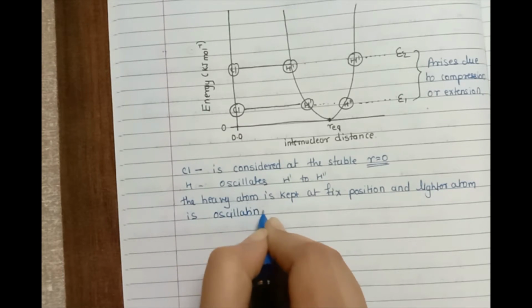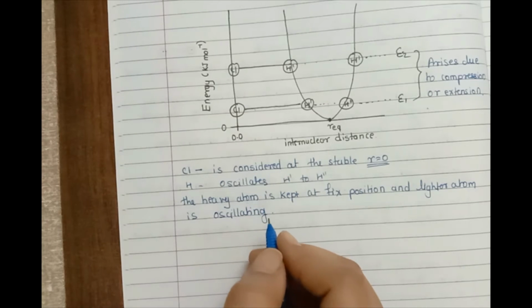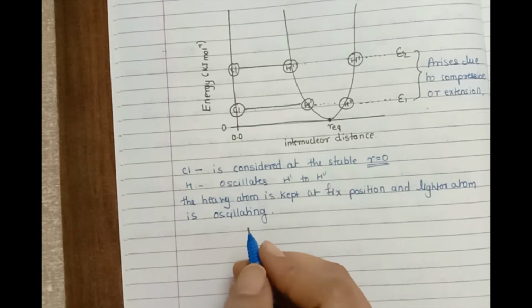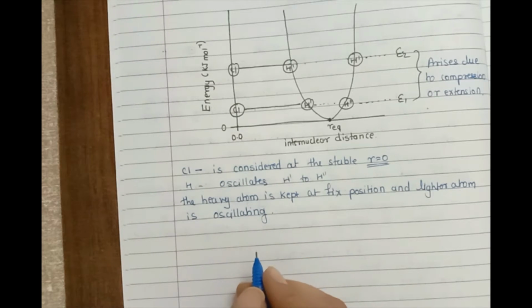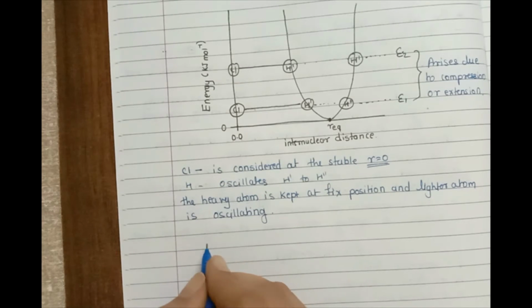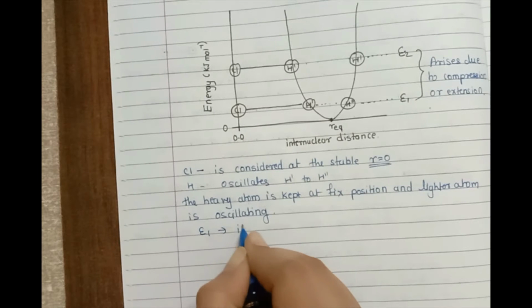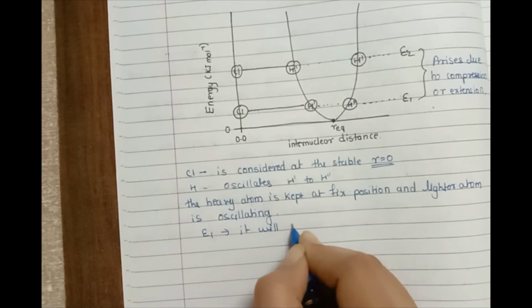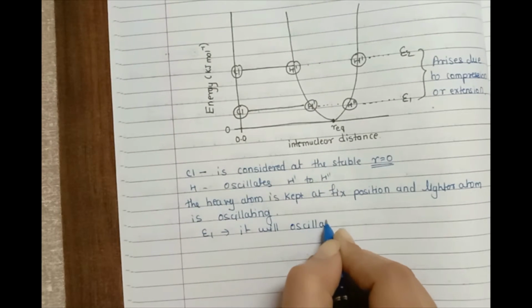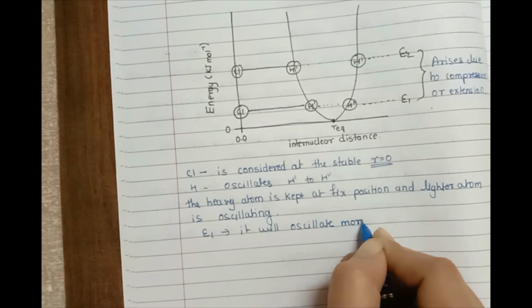Is it okay? It is getting oscillated. When epsilon 1 energy is reached, the atom will oscillate more vigorously. That means it will oscillate more vigorously.